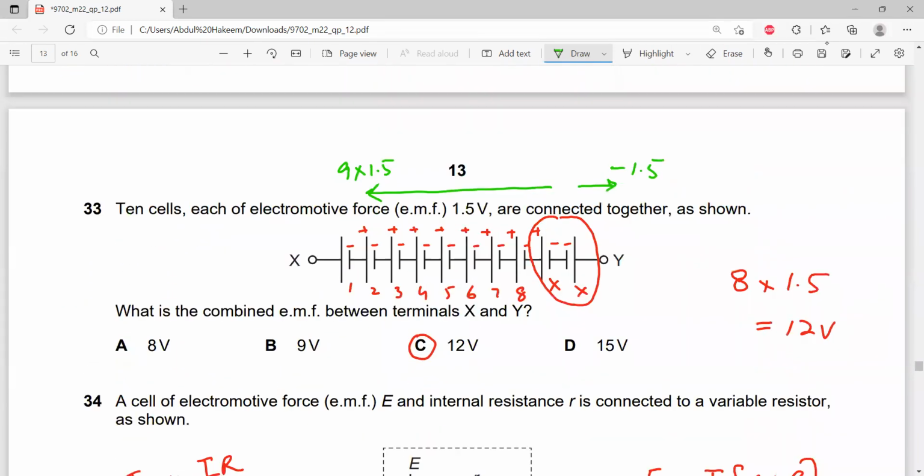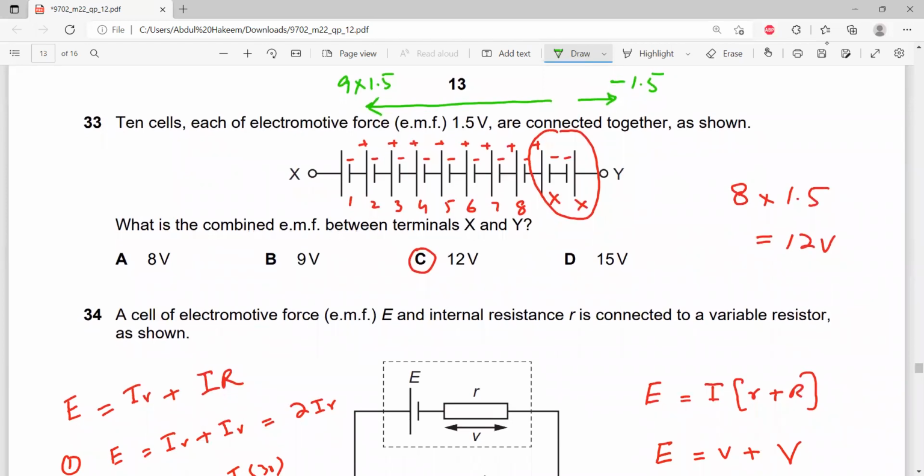Now move to 33. 10 cells, each of EMF 1.5, are connected together as shown. Look, this first positive is this side, second positive same side, third same side, and so on up to this number, meaning 9 cells are connected in series.